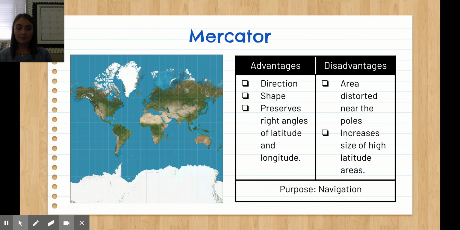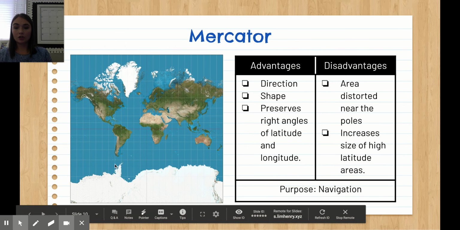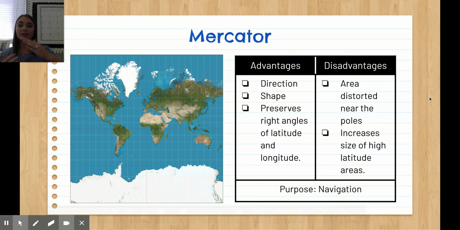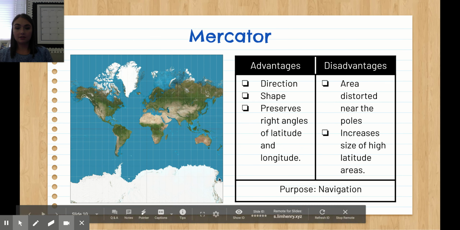However, the area and the north and south poles are super messed up. So do you see how big Greenland and Antarctica are? It's because they've had to stretch it out so much. So the area of the north and south poles are way, way bigger than they are in real life.